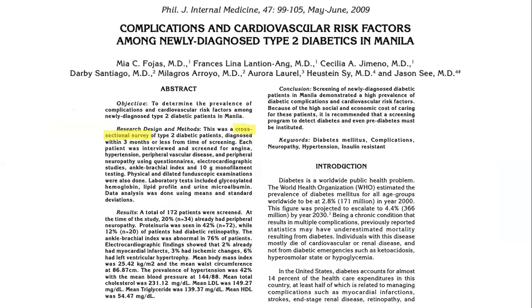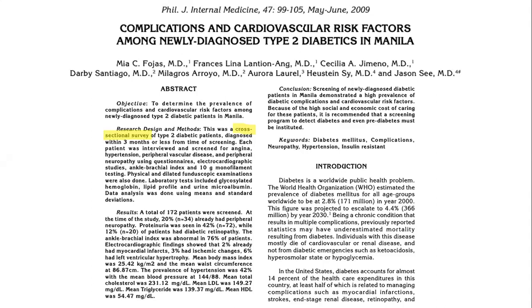This is another example of a cross-sectional study. This is a local study done by Dr. Mia Fojas. This is a cross-sectional survey where they gathered a group of patients with type 2 diabetes with a certain criteria, and then tested them for certain complications. These were newly diagnosed patients only, within the past 3 months.